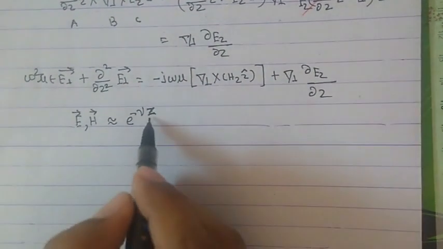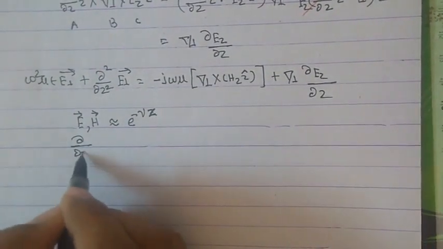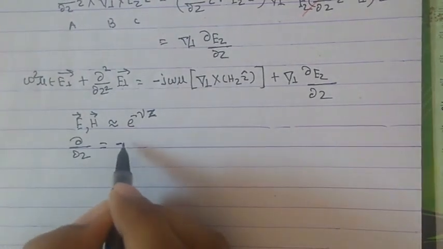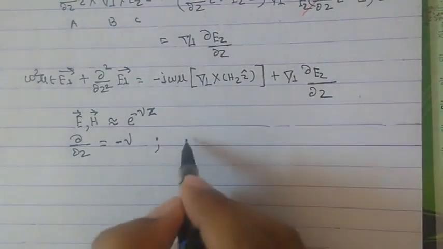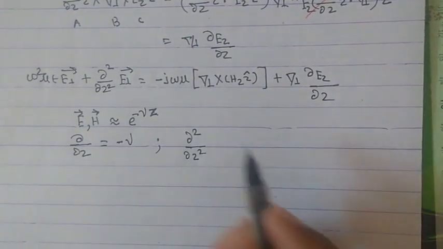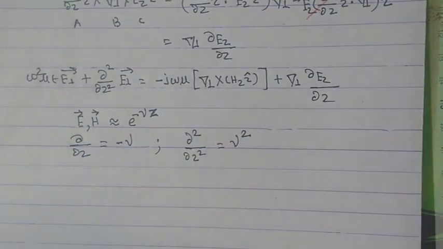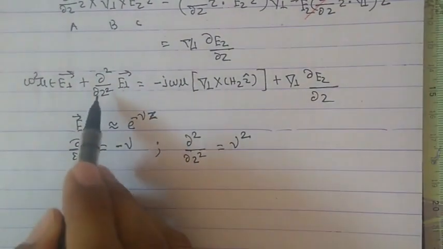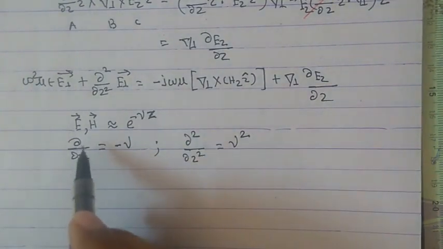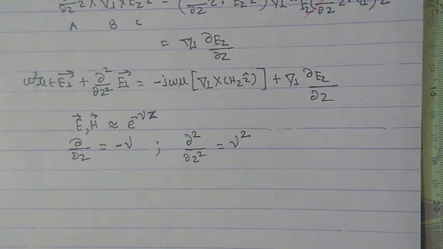And if you take its z derivative, maybe of E or H field, it will get multiplied by minus gamma. If you take one more z derivative, it will again get multiplied by minus gamma. So actually del square by del z square will be gamma square. So we would like to replace this del square by del z square by gamma square, and this del by del z by minus gamma.